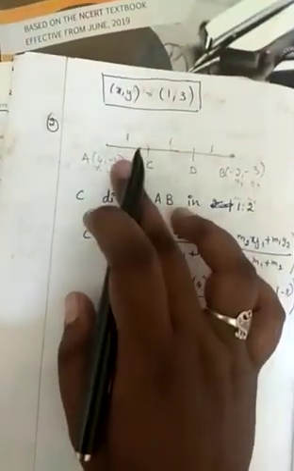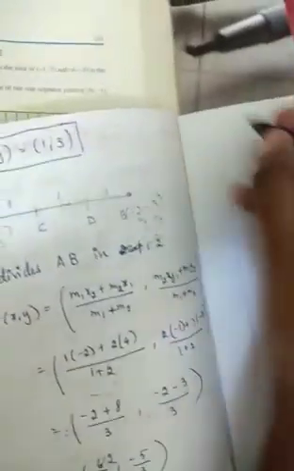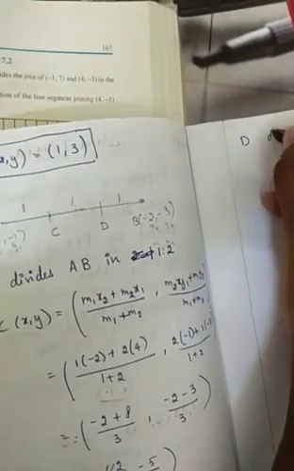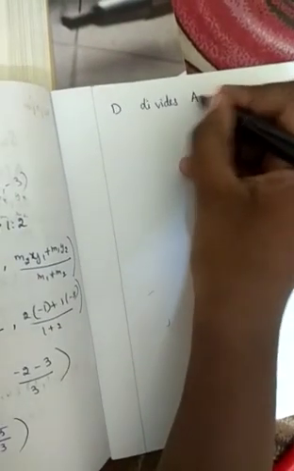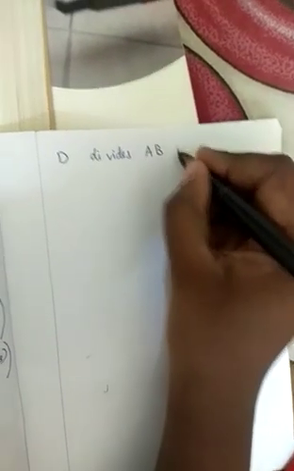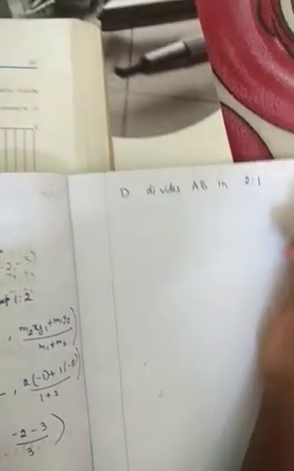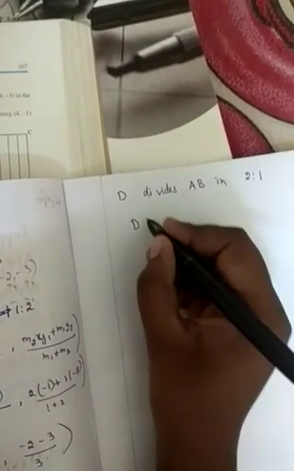For D, on the left side how many are there? 1 plus 1, 2 are there. So D divides AB in which ratio? On the left side 2 is there, so 1 plus 1, 2, and on the right 1. So the ratio is 2:1. Again you have to do the same thing.